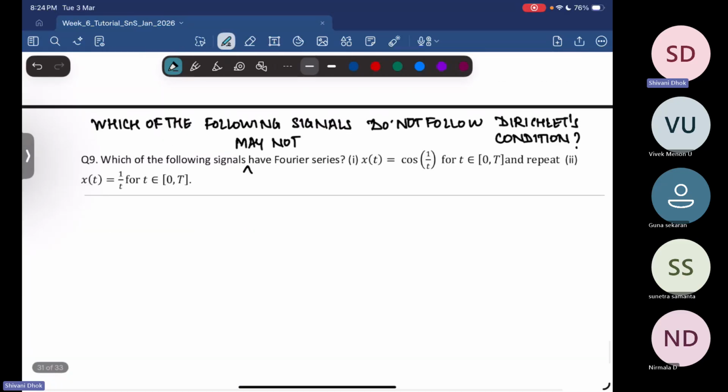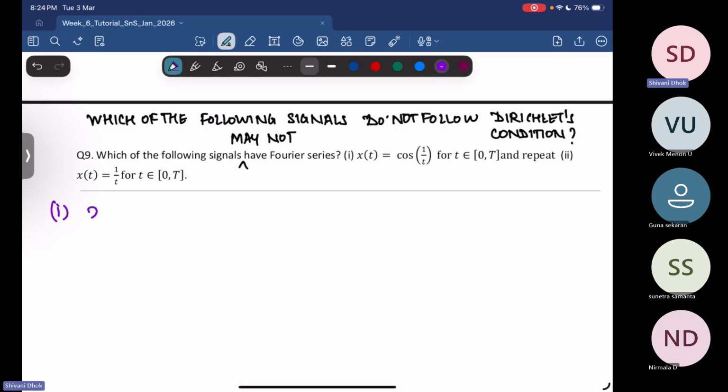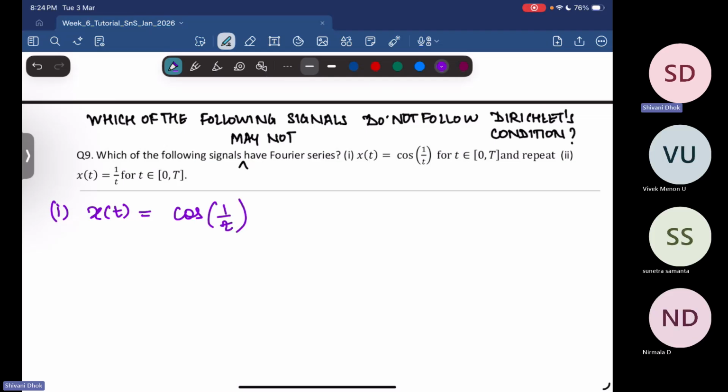Okay, so the first part given to us is, part 1, x of t is equal to cos of 1 by t. So you know that cos of theta, theta is essentially your instantaneous phase. When you have theta tending to 0, you have a large number of oscillations.